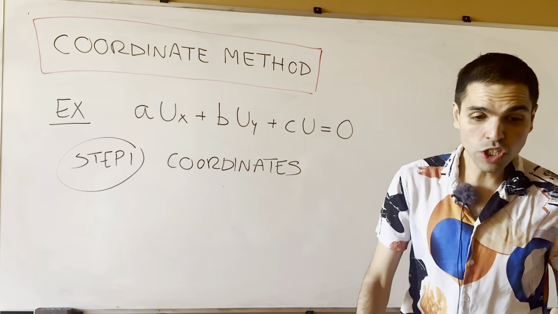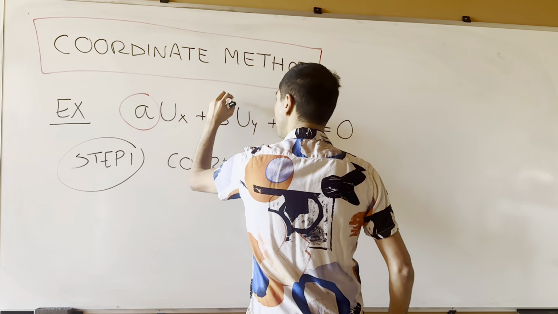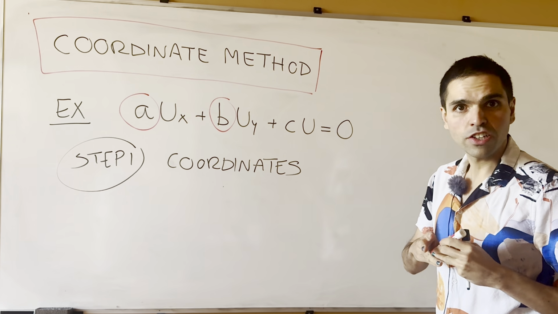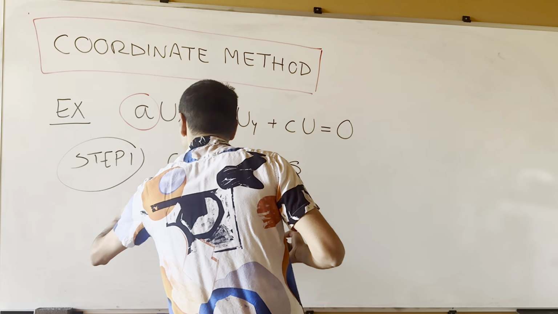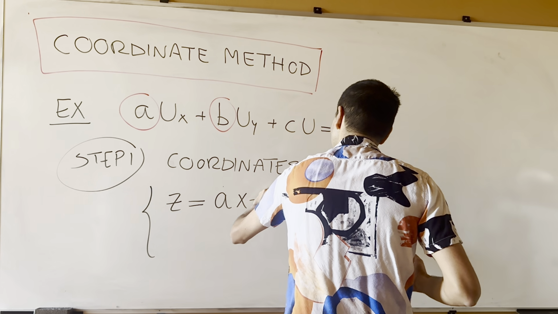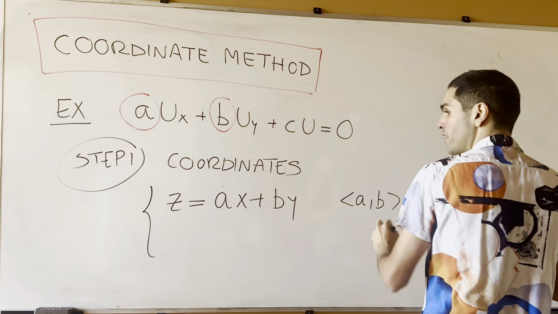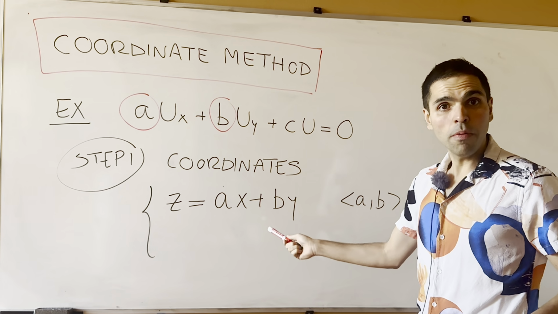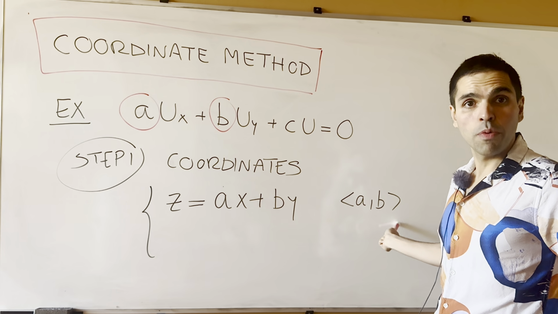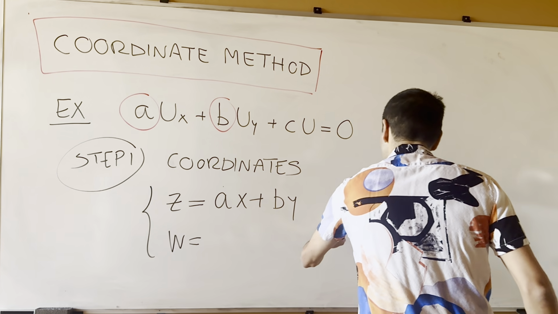And there are many choices of those. A natural selection would be to start with the vector (A, B). So Z would be AX + BY. So you see (A, B) dotted with (X, Y), and W being some vector perpendicular to (A, B), for instance (-B, A).